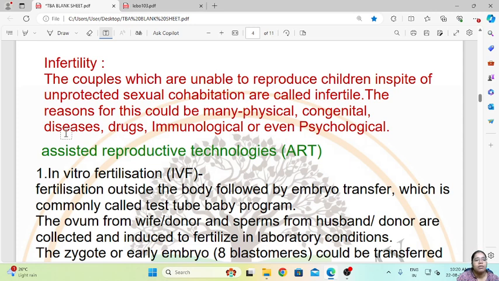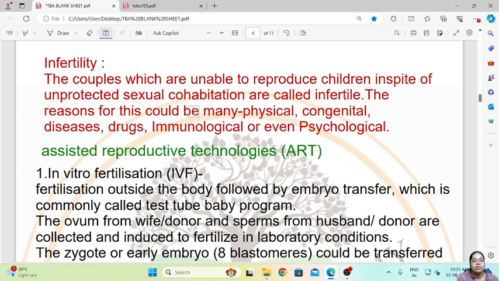So now let us see what is infertility, how it is caused, and which are the different ways or techniques which we can use to cure infertility in human beings. The couples which are unable to reproduce a child in spite of unprotected sexual cohabitation are called infertile.